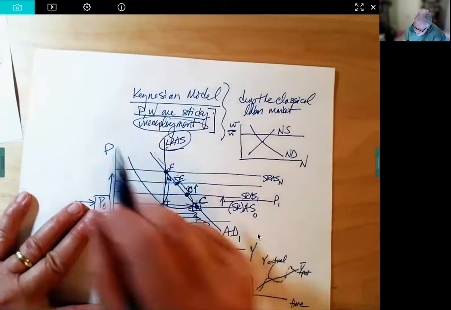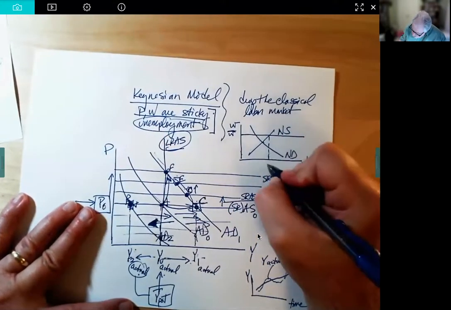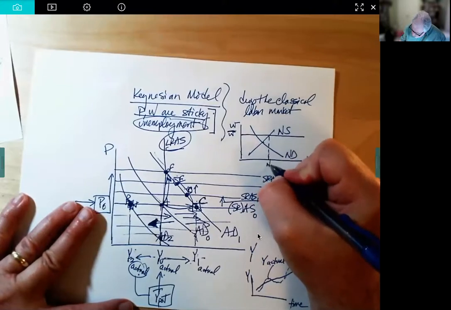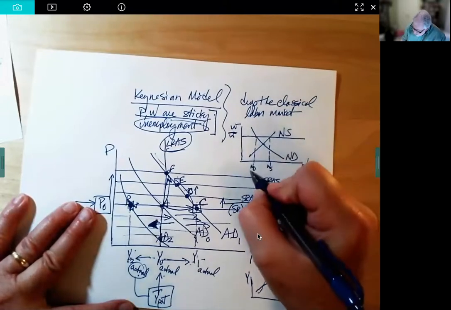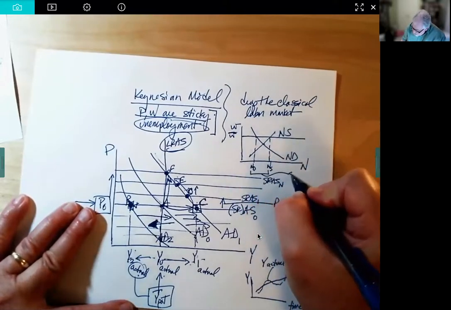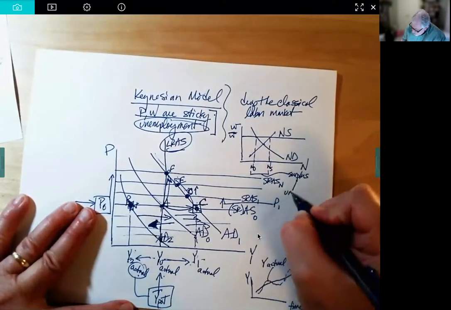Nominal wages are sticky, right? And so we're in a situation where the quantity of labor supplied is greater than the quantity demanded, which is a surplus of labor, which is unemployment.